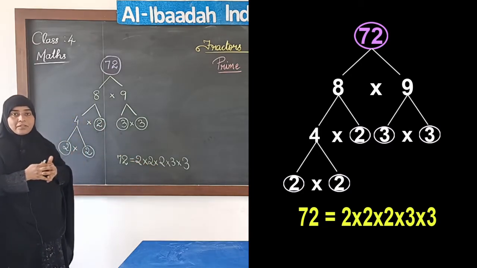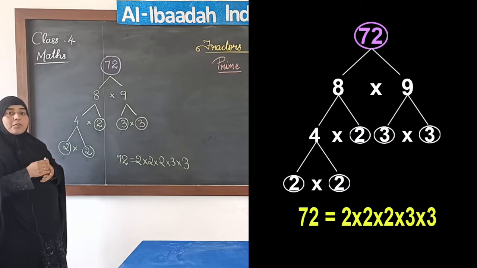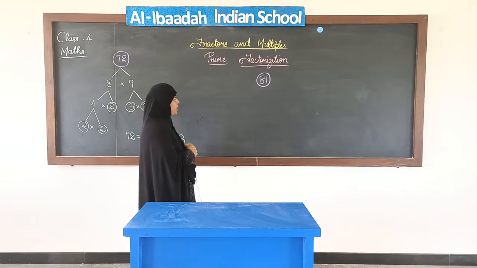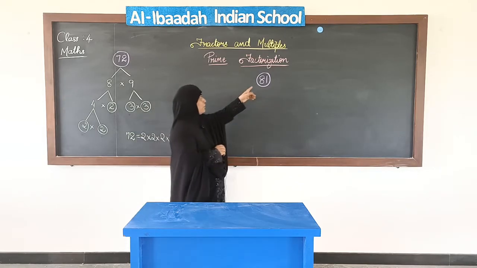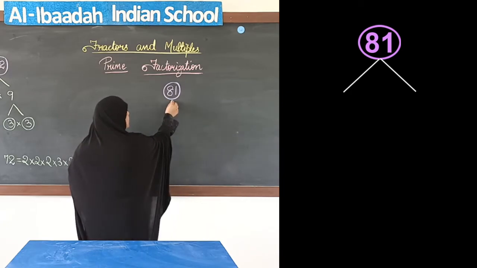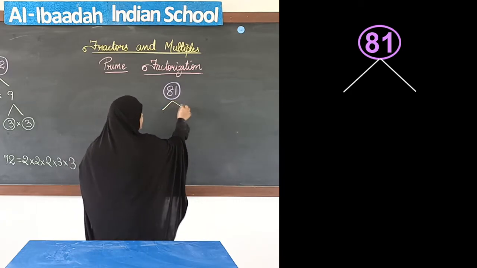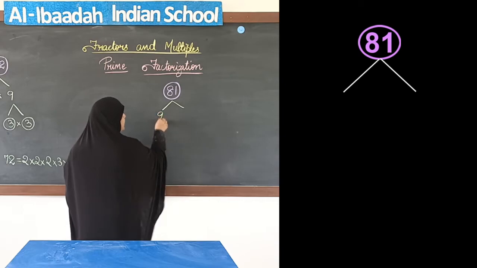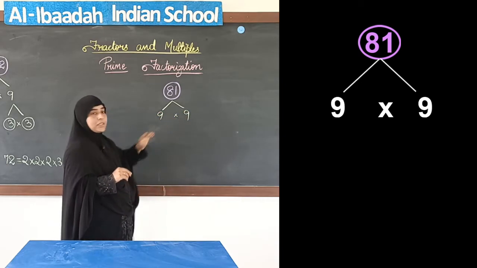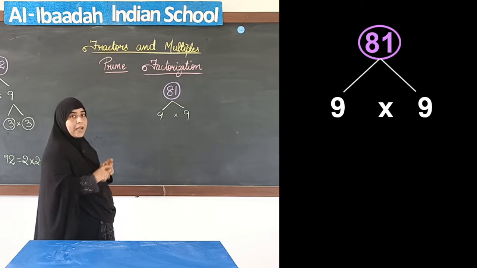First make the factor tree, and from there we have to take out only the prime factors. Same way we are going to do the prime factorization of 81. So, in which table do we find 81? Which are the two numbers that we multiply to get 81? 9 and 9. Yes, 9 is a composite number, but we are looking for prime factors, right.